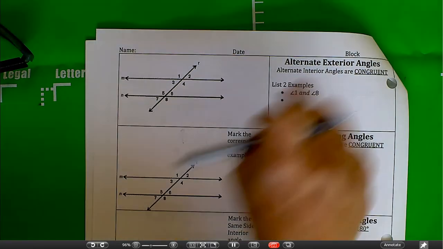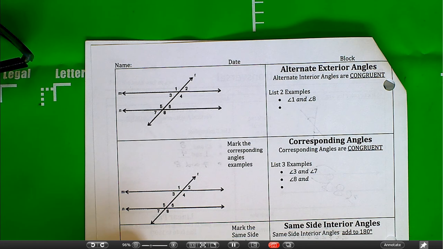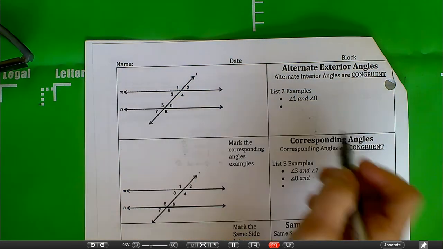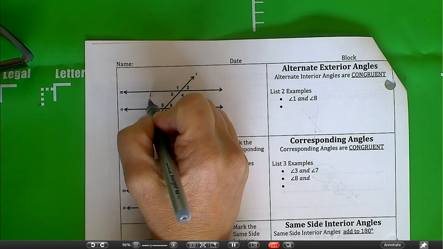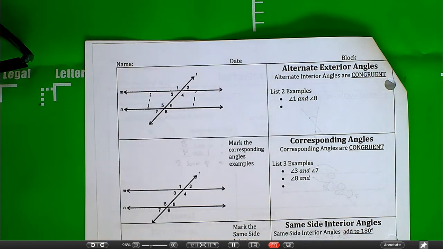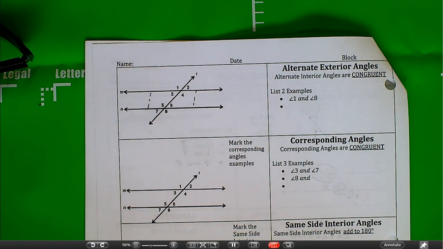We have alternate exterior angles. So here's our pretend box. I don't know if you see the box. These are alternate exterior.